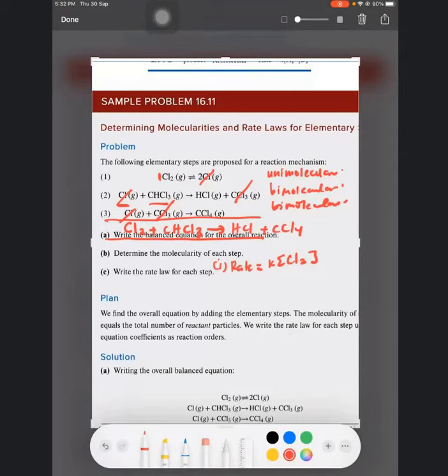Step nombor 2. KCl, CHCl3. Okay. And then step number 3. KCl, CCl3. Alright, that's correct. Okay, so that would be the answer for A, B and also C.